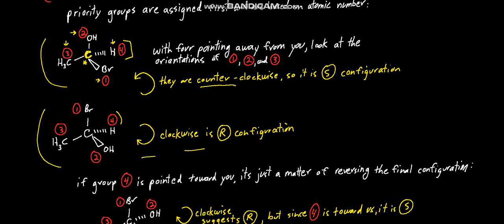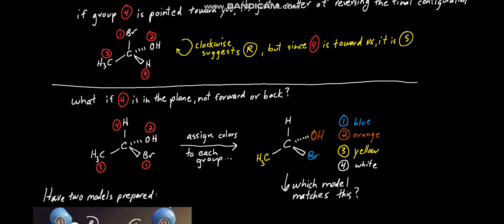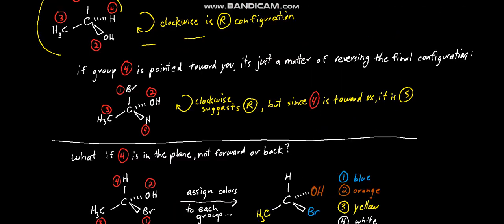So what do you do if group 4 is pointing toward you and not away from you? That's a pretty easy situation. You just go through everything the same way, and at the end you reverse it. So our priority groups are already assigned, 1, 2, 3, 4. As we're looking at it, it's going from 1 to 2 to 3 around in this circle.